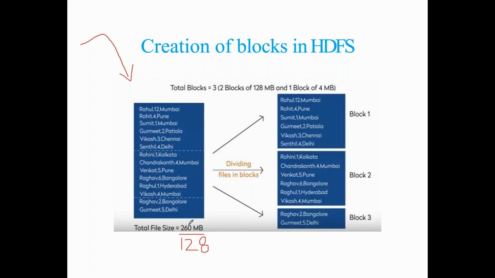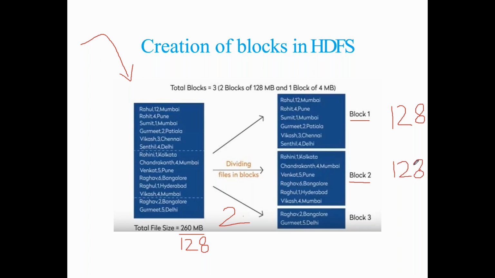So how much will this be? 260 by 128 is 2 point something. So it's very clear that I'll have two full blocks. That is, I'll have block 1, a full capacity of the block, which is 128 MB. And I'll have block 2, again a full capacity of 128 MB.